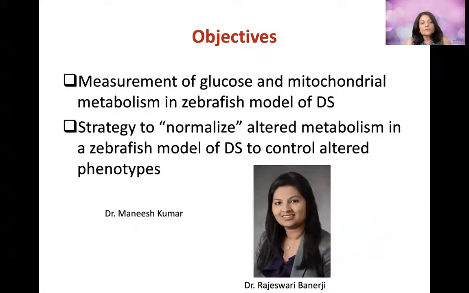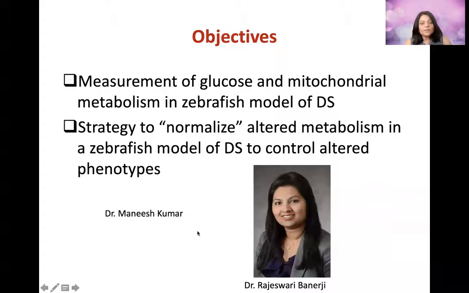So our objectives were twofold. First, we were interested in measuring two important energy producing pathways, which are glycolysis, so glucose metabolism, and mitochondrial metabolism in the zebrafish model. And our strategy was to normalize any alterations that we observed in the zebrafish model.